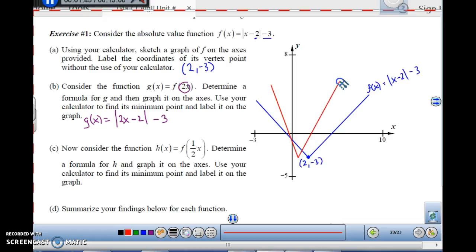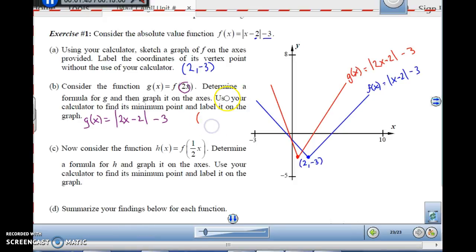A little crooked, but you get the idea. So it's going to be a narrower function. This is g of x, equal to the absolute value of 2x minus 2 minus 3. And your vertex right there is going to be at (1, -3). I wrote that wrong at first. So that's right here, (1, -3).